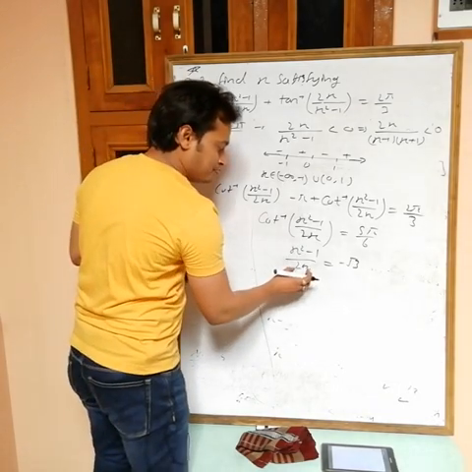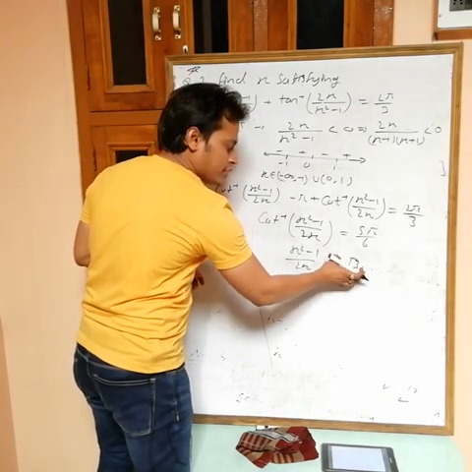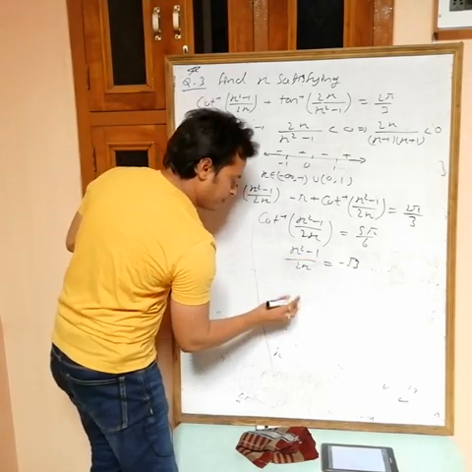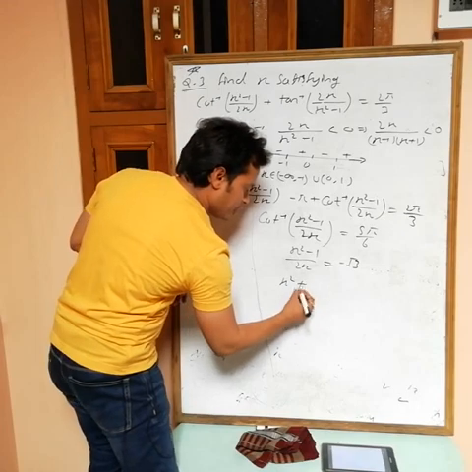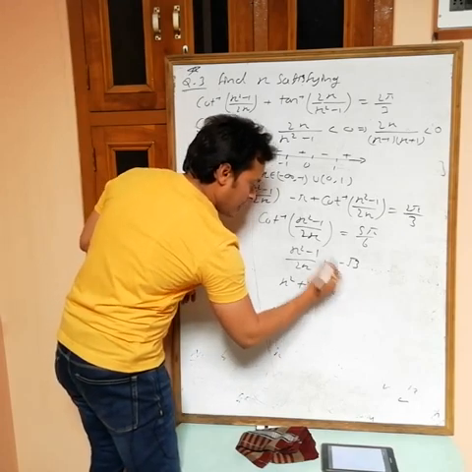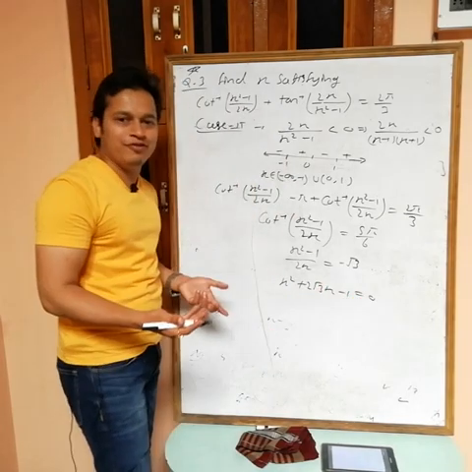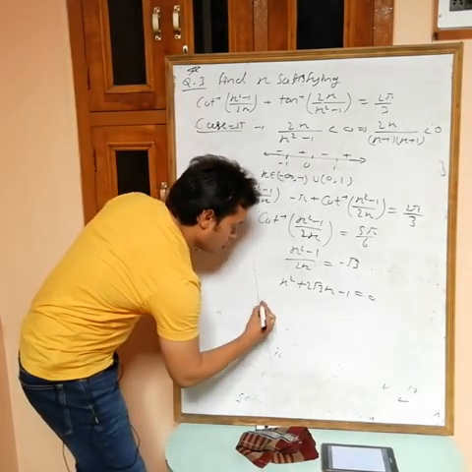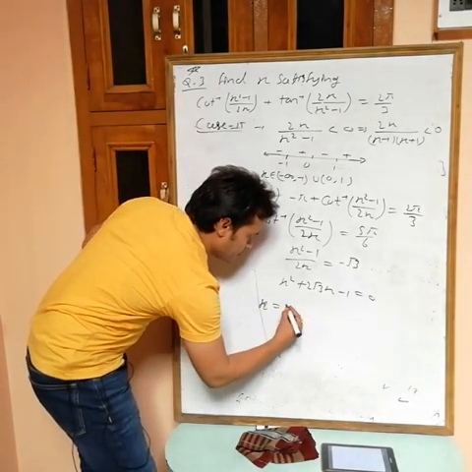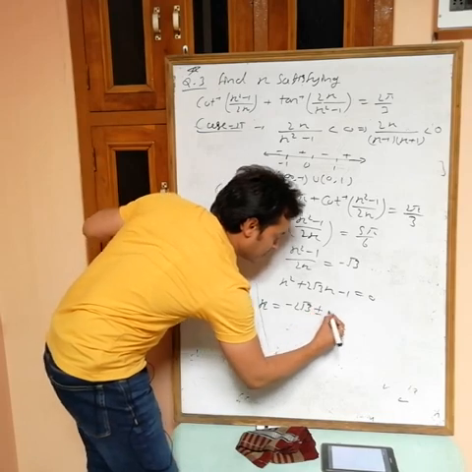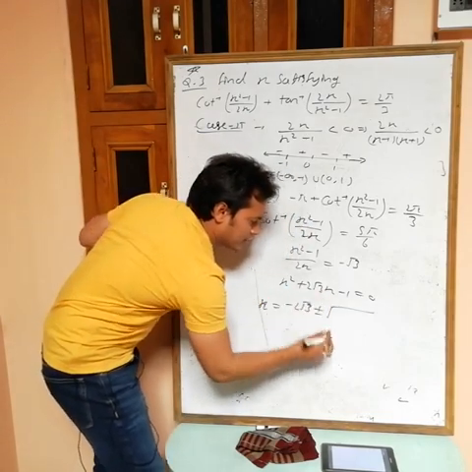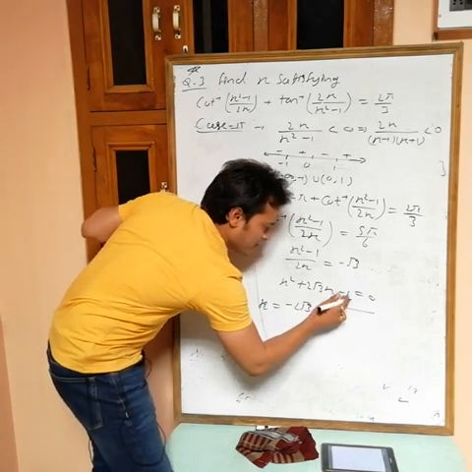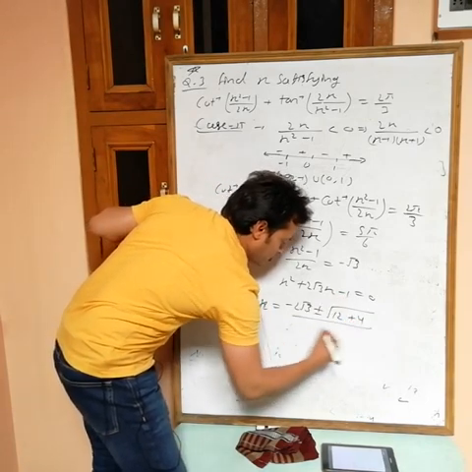Again multiply 2x at this side and write all terms at one side. So x square minus 2 root 3 x at this side becomes plus 2 root 3 x, and then minus 1 equals 0. Again we want the value of x, so solve. x equals minus b, minus 2 root 3, plus minus root of b square, which is 4 into 3, 12, minus 4ac, minus minus becomes plus 4, by 2a, 2a is 2.